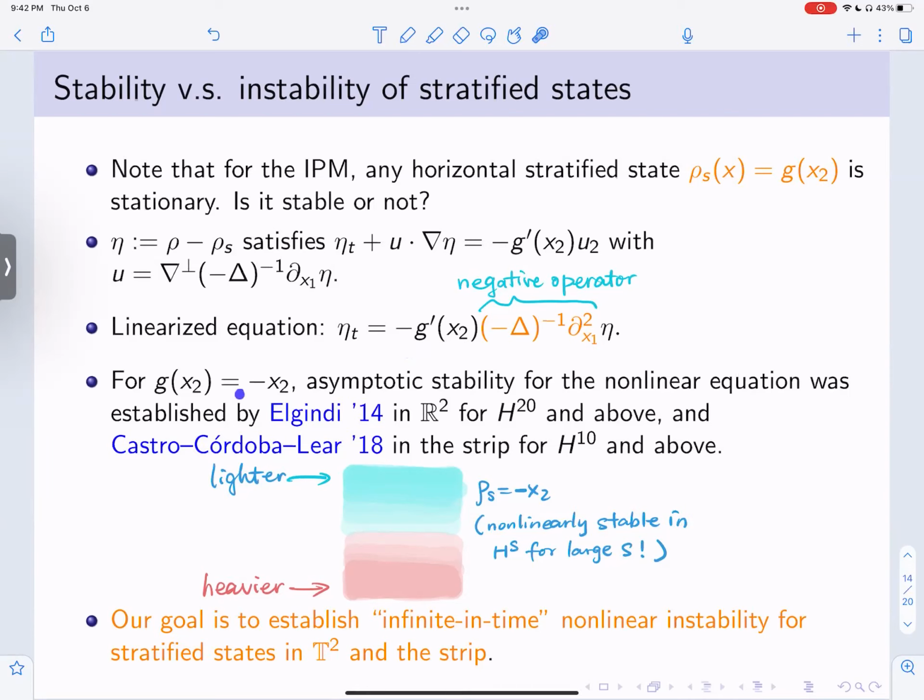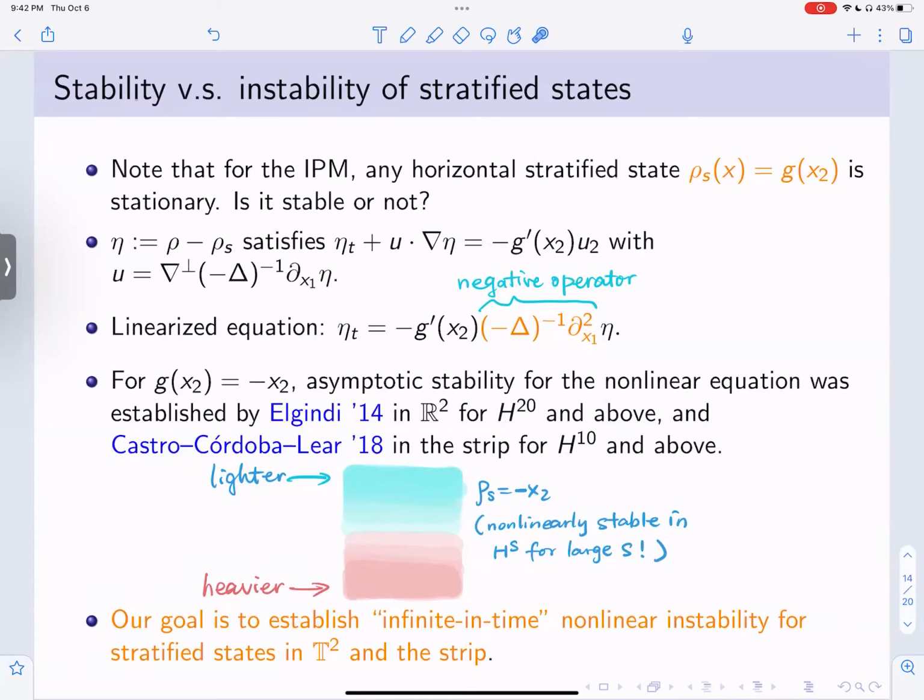Okay, so for G equal to negative x2, which is again this profile with lighter fluids on top and heavier ones on the bottom, the asymptotic stability for the nonlinear equation was established by Elgindi in R2 for H20 and above. And in the strip, it was shown by Castro, Córdoba, and Lear for the perturbation being in H10 or above.